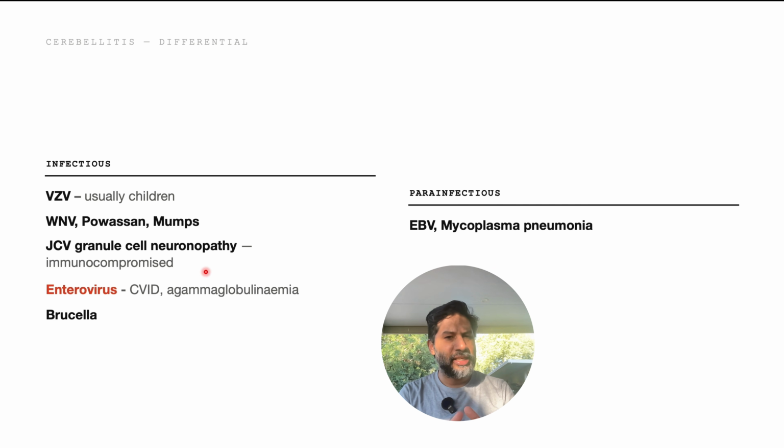We usually see it in persons living with HIV with very low CD4 counts, and it causes cerebellar degeneration as well. And then we can have para-infectious causes. So EBV and Mycoplasma pneumoniae, specifically Mycoplasma, causes a lot of autoimmune and para-infectious syndromes, cold agglutinins, etc. And so certainly it can cause a para-infectious cerebellitis as well.